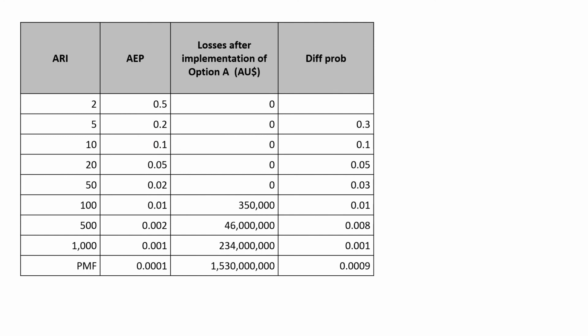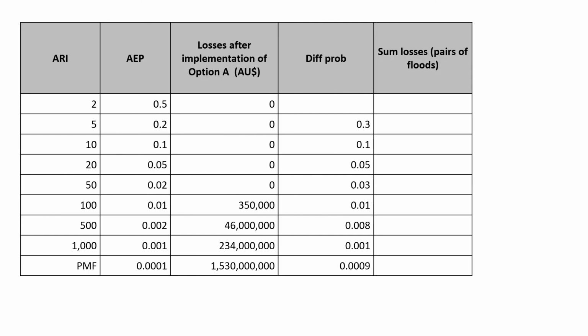Now we do the sum of losses for pairs of floods of different sizes for option A. 0 plus 0 equals 0. Here is the result, so 0, 0, 0. 0 plus 350,000 equals 350,000. 350,000 plus 46 million equals 46,350,000, and so on.